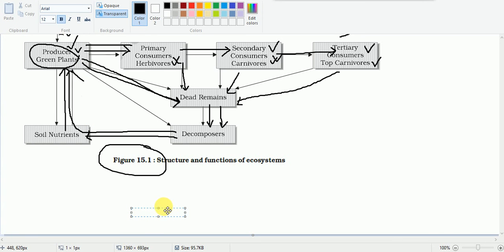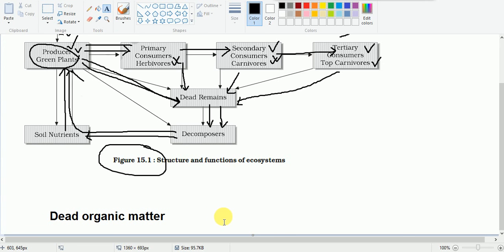In case of detritus, that organic matter.